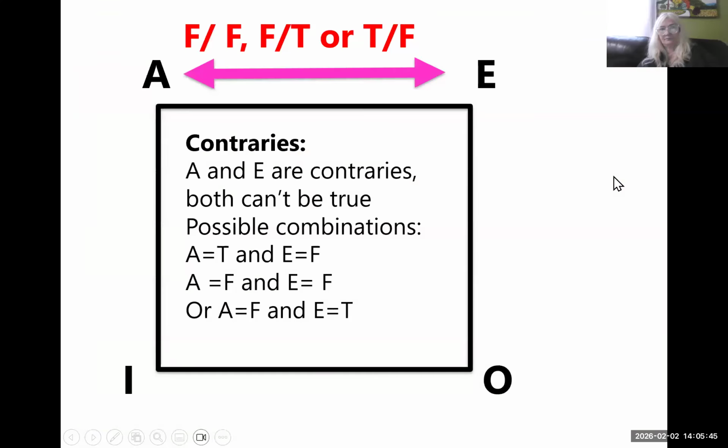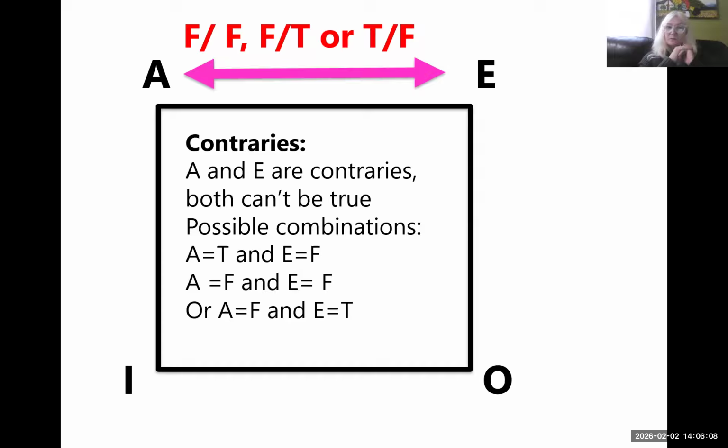Next, we have contraries. Okay, so this exists on the top row. It's a relation between universals. Now, I'm going to say a universal sentence is true, and I want you to notice how that'll make the other one false. So if I say all mammals are vertebrates, that's true.